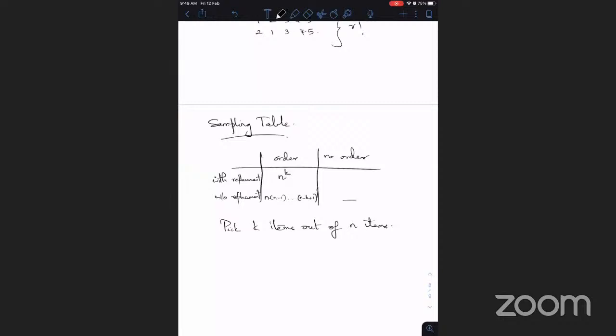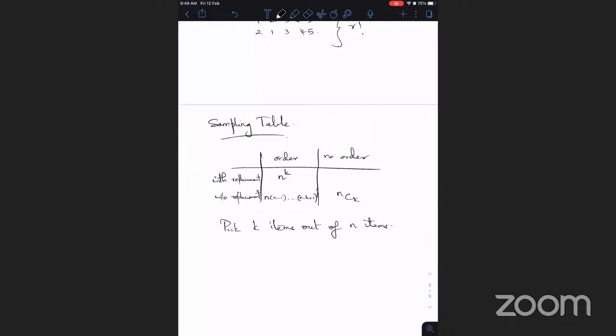Right. So, as someone pointed out, when you don't look at the order, it would just be n choose k. Okay.